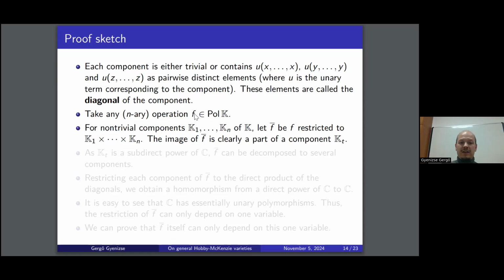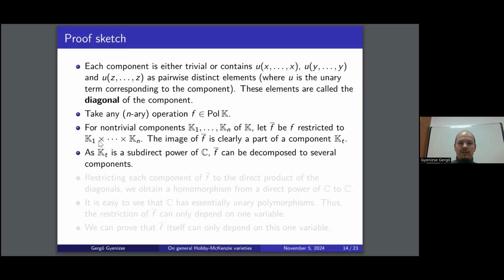So F can be put together by pieces, like some homomorphisms from K1 times K2 times Kn to some Kt. So we are just looking at this little part of F, and this one part will be denoted by overline F.